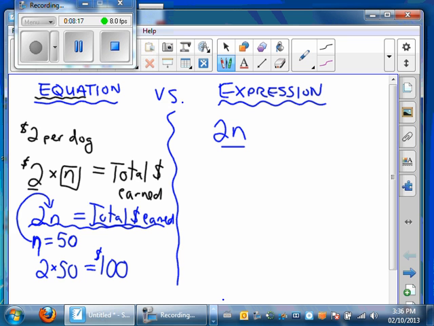We know that that is going to give us the result. That's how we're going to figure out the total money earned, is by taking $2 and multiplying it by the number of hot dogs. This is an expression on its own because it's 2 times the number. But the second that you add in an equal sign, like you did over here, and you make it equal to something, then now it becomes an equation.